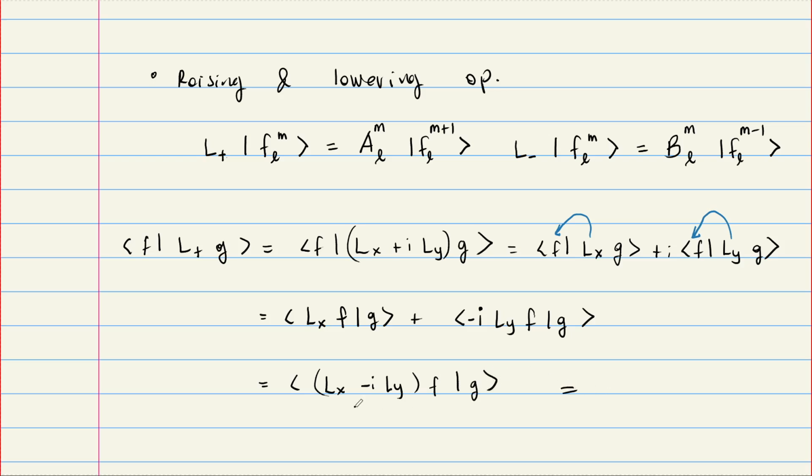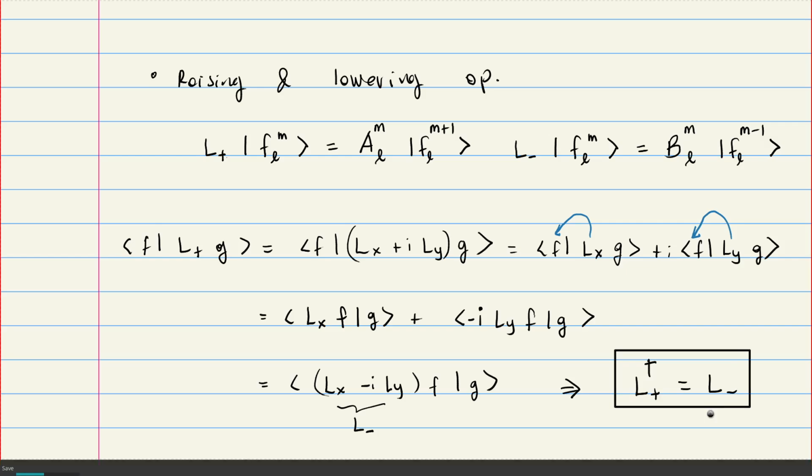From here we know this is L minus, so L plus dagger, the Hermitian conjugate, is equal to L minus. That's why L plus and L minus are not observables, right? Observables have to be Hermitian.